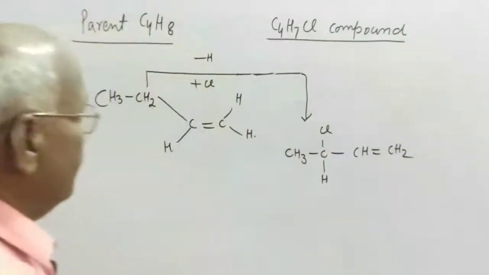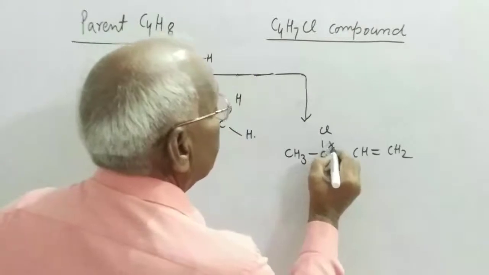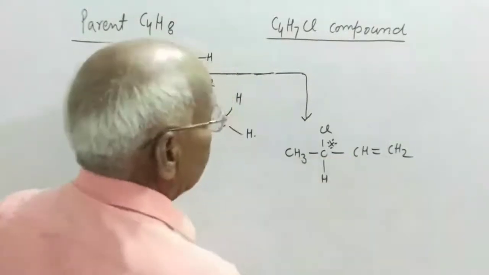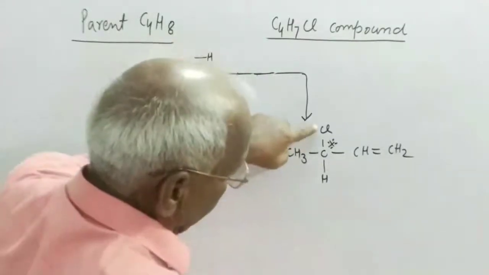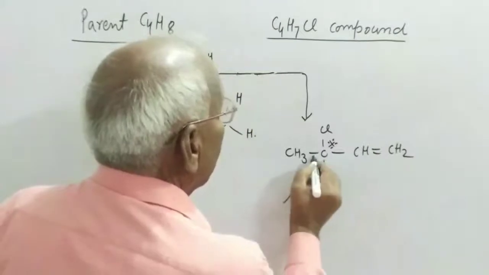In this compound, this carbon is bonded to 4 different substituents: methyl, chlorine, hydrogen and vinyl group. So this carbon is a chiral carbon.